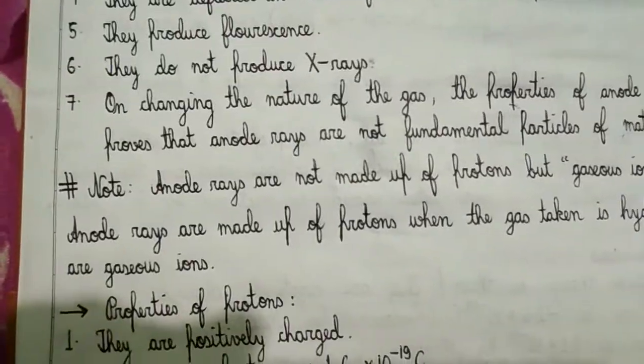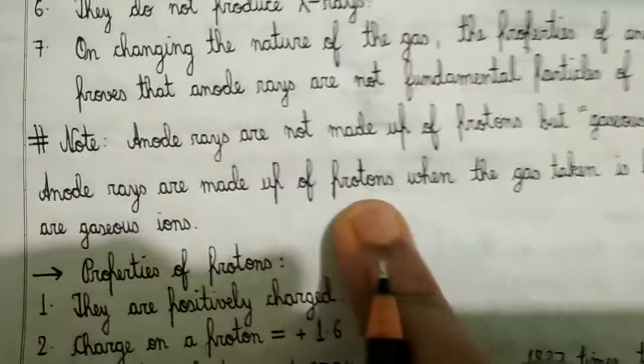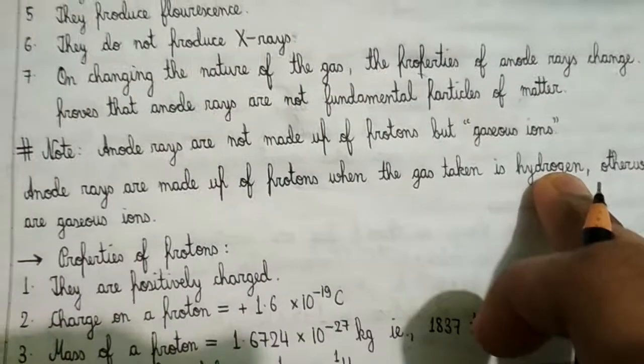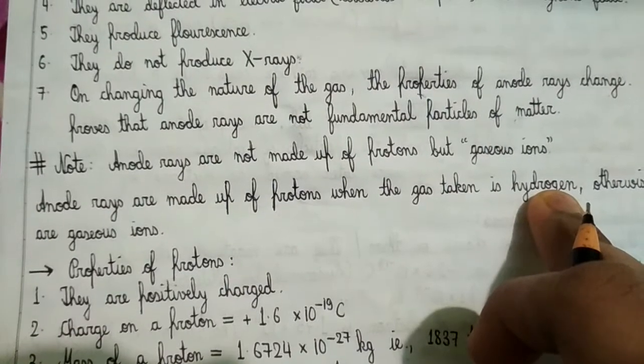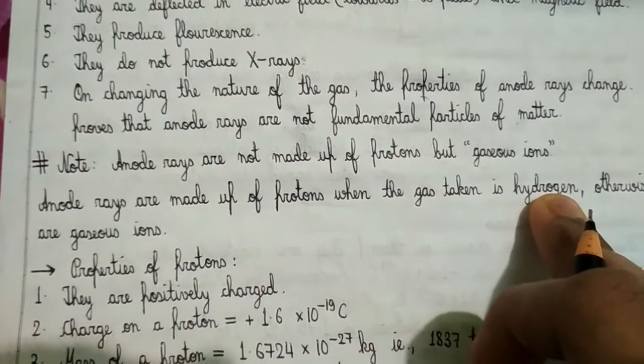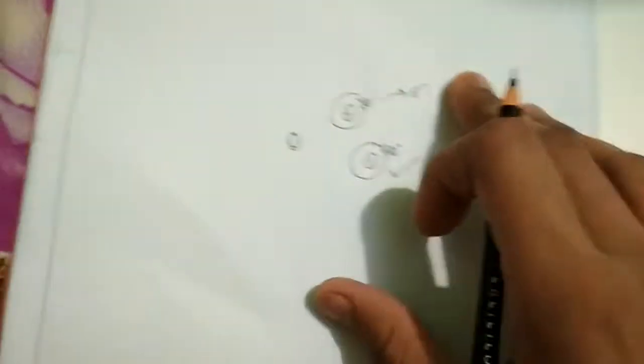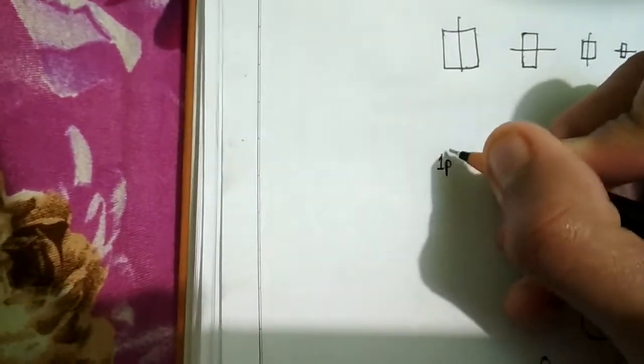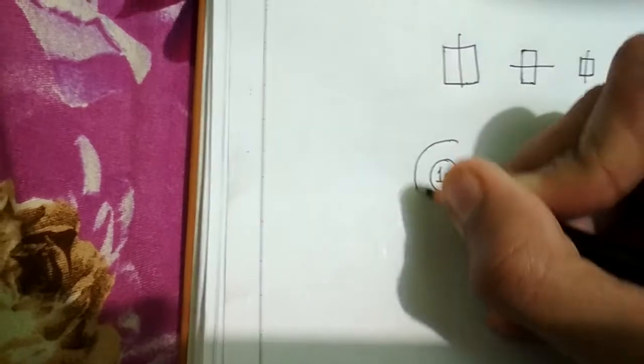So these are not made of protons, they are made of gaseous ions, but they can be made of protons. How and when? Anode rays are made up of protons when the gas taken is hydrogen. A hydrogen atom contains only one proton and one electron.